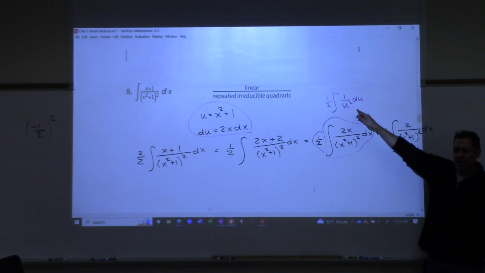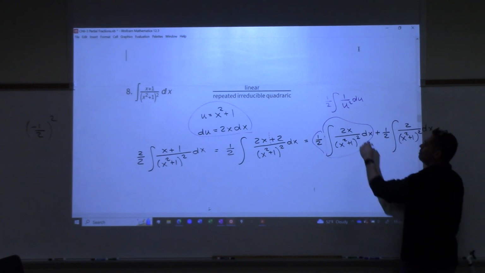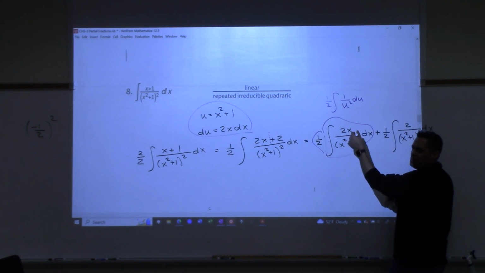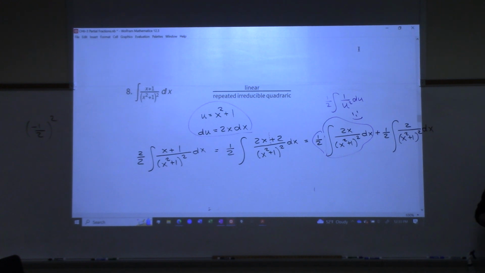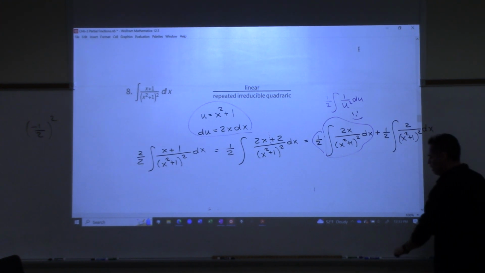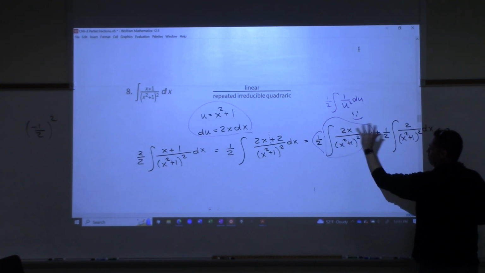And that I think we can handle because you could do power rule, right? It's u to the -2, so you'd add 1 and all that stuff. Negative u to the -1 power. Exactly. We can do it. So I can handle that one, all right? So I'm going to leave that one for now. We'll come back to it.